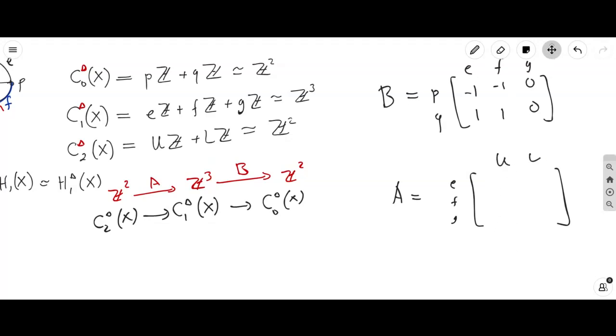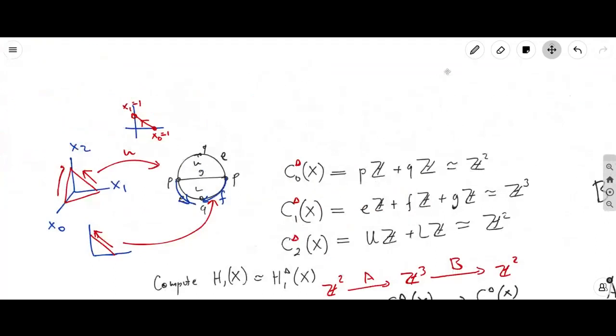So let's go ahead and find the boundary of U. The way we get the boundary of U is we take the 0th face of U minus the first face of U plus the second face of U. That's how the boundary operator is defined, 0, 1, 2.